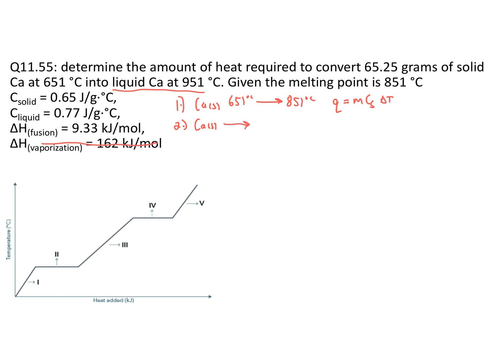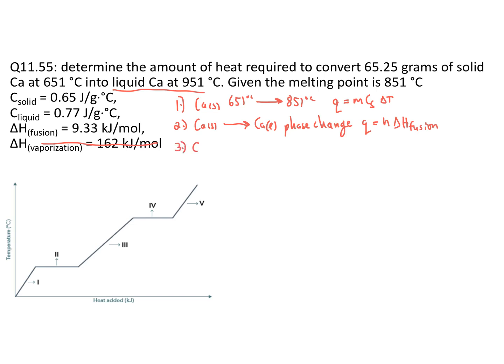The second calculation, now I have solid calcium at its melting point. I need to go through the phase change. I need to take that to liquid calcium at the melting point, and that's our phase change. And for that, I'll need Q equals how many moles of calcium I have times the heat of fusion for calcium. Finally, now I have liquid calcium at 851.